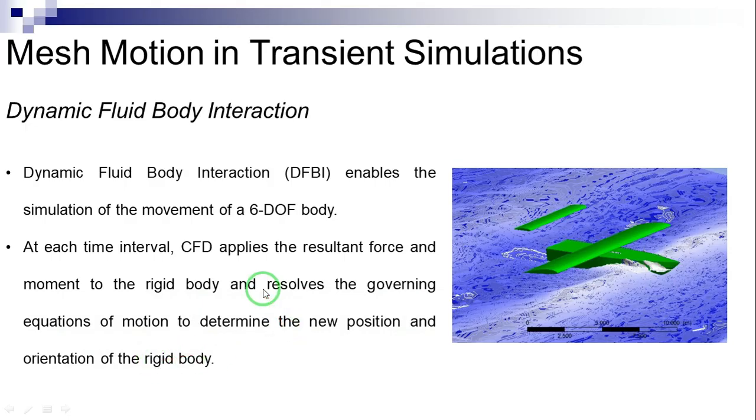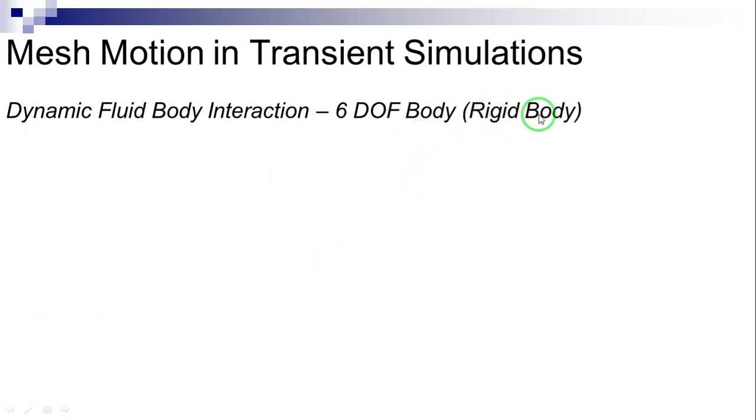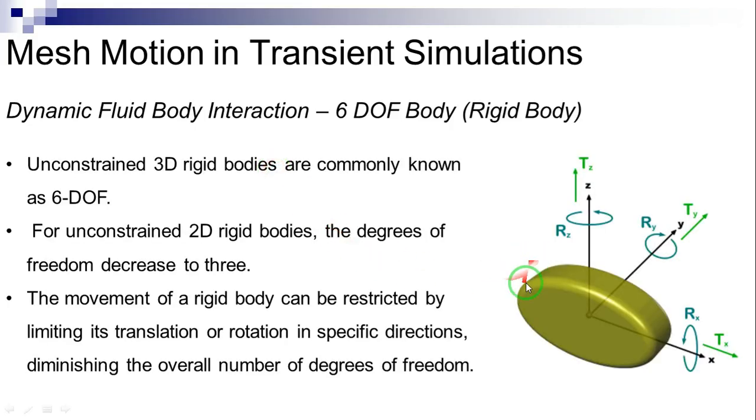6 DOF body, rigid body. A 6 DOF body represents a rigid body whose motion is determined dynamically by the different forces and moments applied to it. Note that, as shown here, the movement of a three-dimensional rigid object that can move and rotate freely in any direction possesses 6 degrees of freedom.